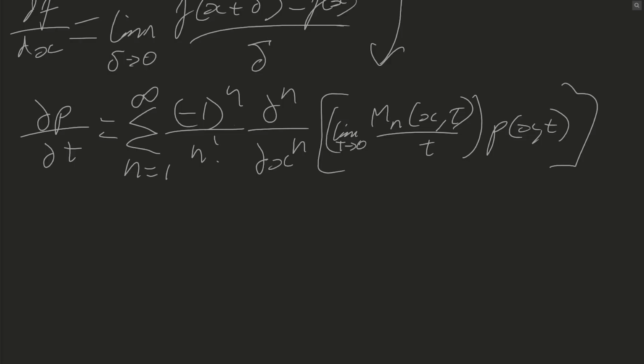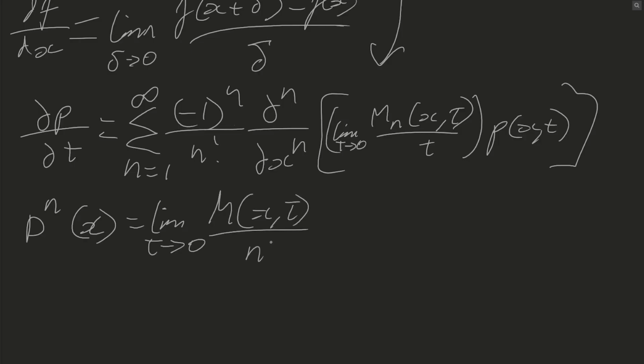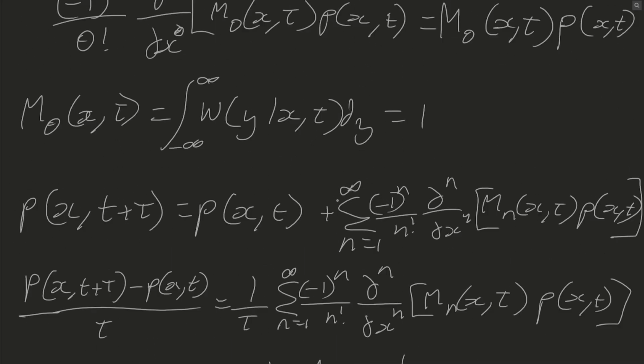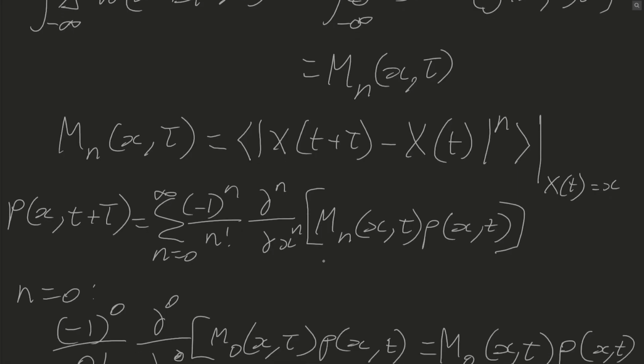And we have to do the Kramers-Moyal coefficients, so the nth coefficient D_n of x is the limit as tau approaches 0 of m_n of x, tau over n factorial tau, which is from our bracket definition up here.